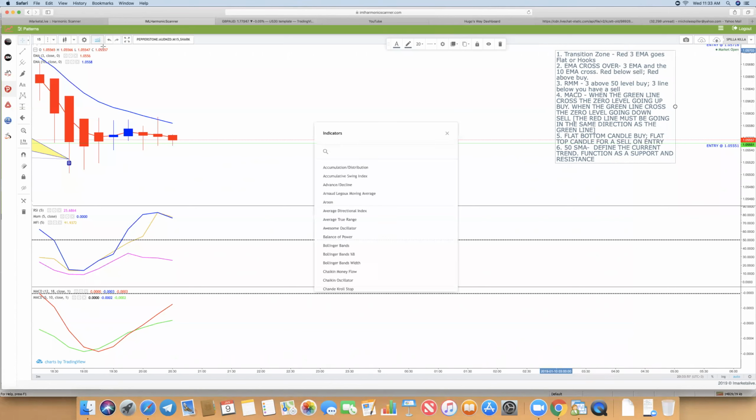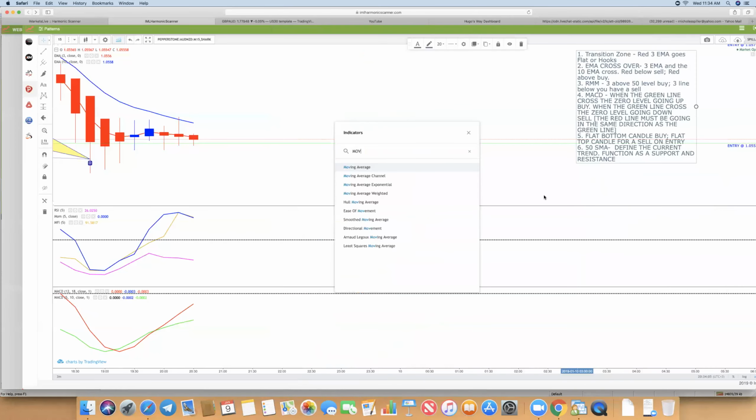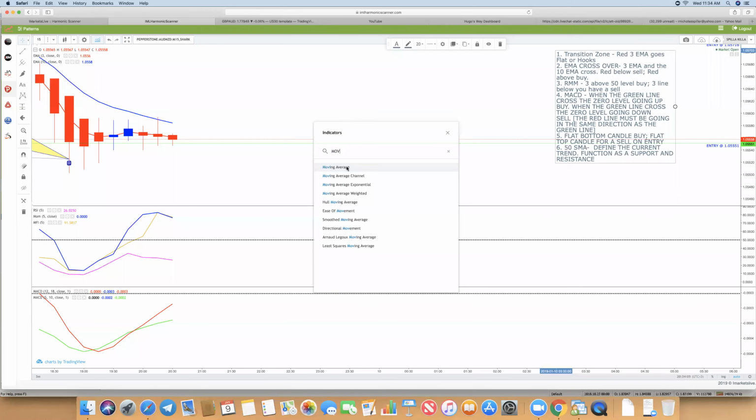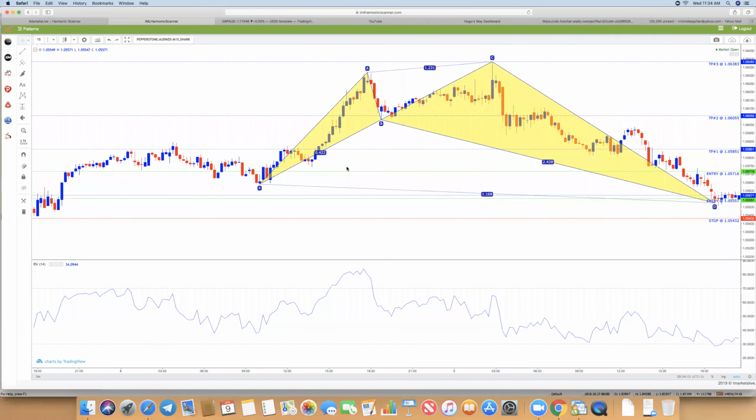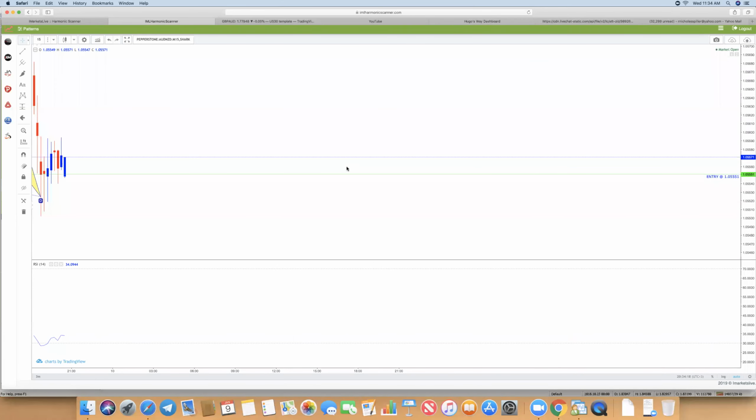Now I'm gonna show you how to add this 50. Go to the indicators, type in moving average, that'll be your simple moving average, just like this. What just happened here? Thank you, Lord. All right. Oh man, all my rules disappeared.